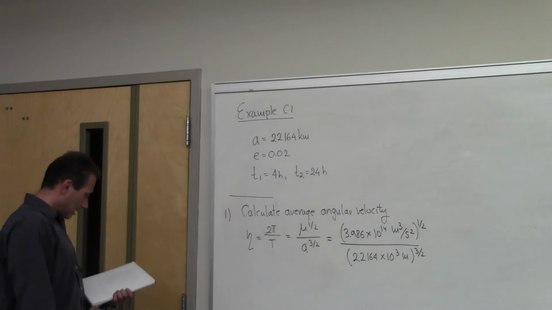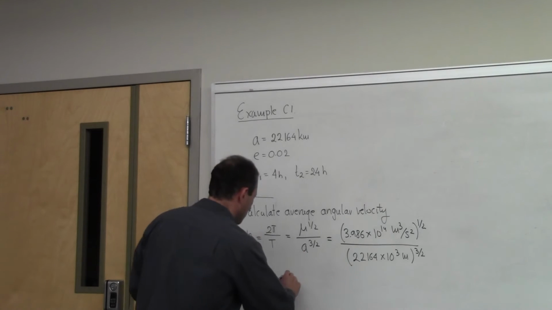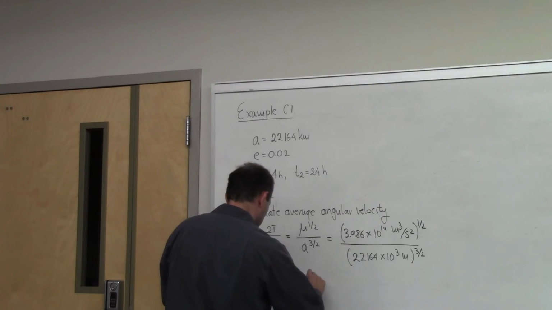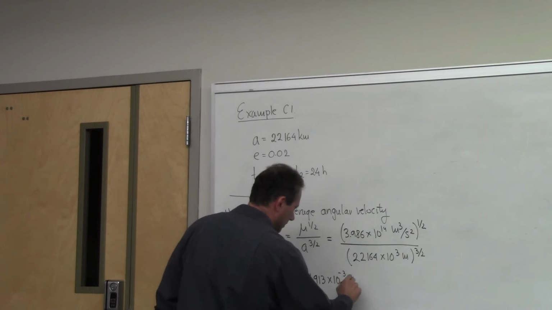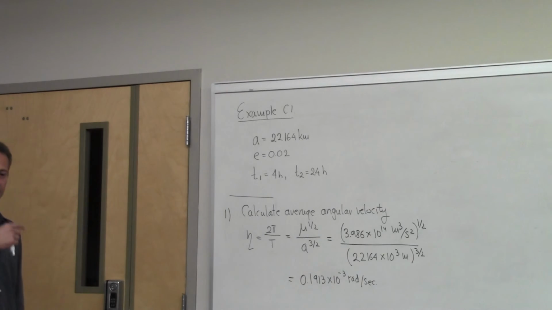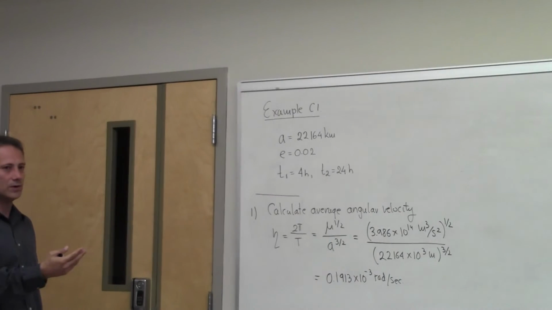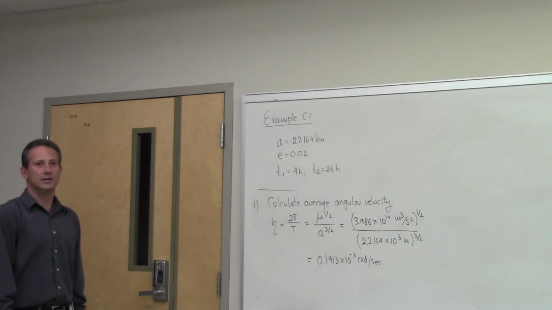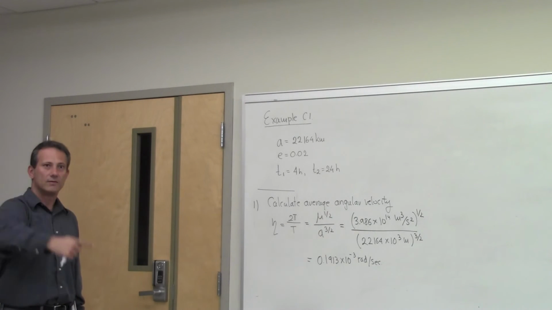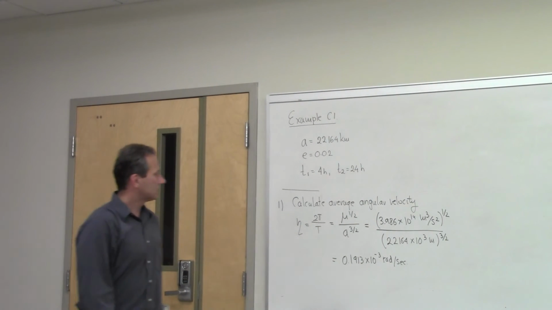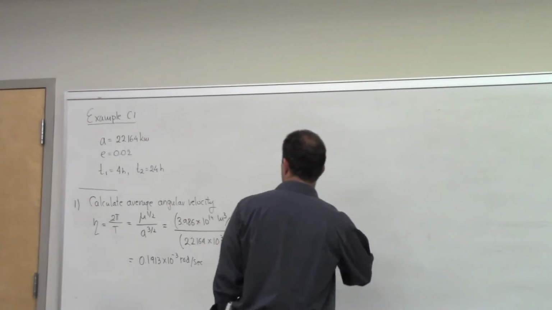And when you do the calculations, you end up that this average angular velocity is 0.1913 times 10 to the minus 3 radians per second. Just for your reference, you've seen that the fastest we can go is 1.2 milliradians per second. So this angular velocity is always going to be in milliradians per second. The previous example, the LEO satellite, was the fastest. So that's your first step, your average angular velocity.